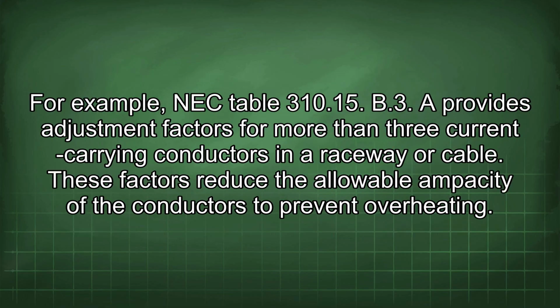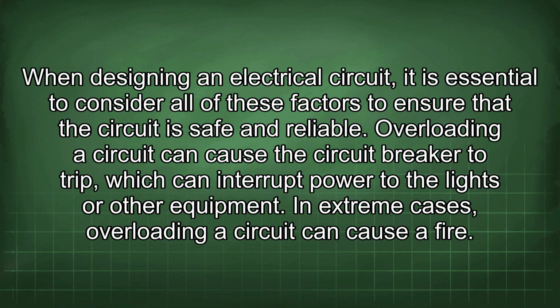For example, NEC Table 310.15(B)(3) provides adjustment factors for more than 3 current-carrying conductors in a raceway or cable. These factors reduce the allowable ampacity of the conductors to prevent overheating. When designing an electrical circuit, it is essential to consider all of these factors to ensure that the circuit is safe and reliable.